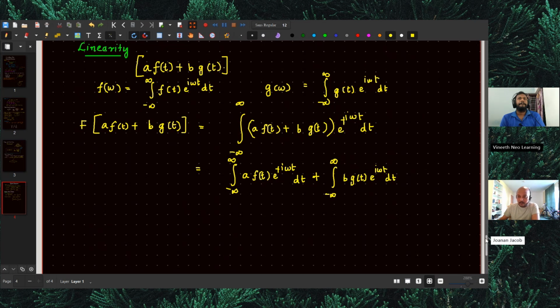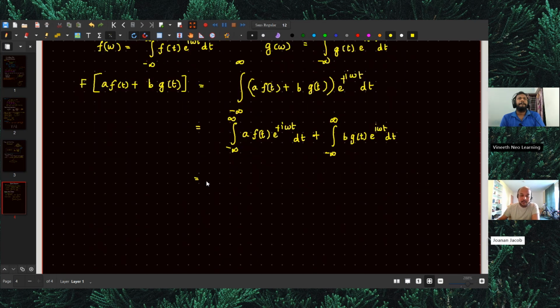That is simply equal to a into the integral of f of t e raised to I omega t dt plus b into the integral of g of t e raised to I omega t dt, isn't it?